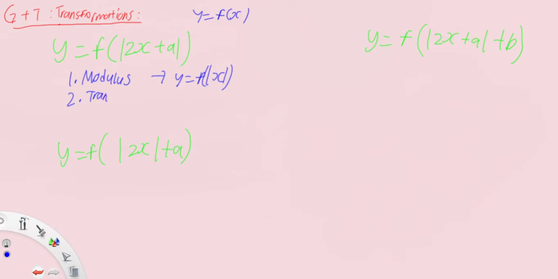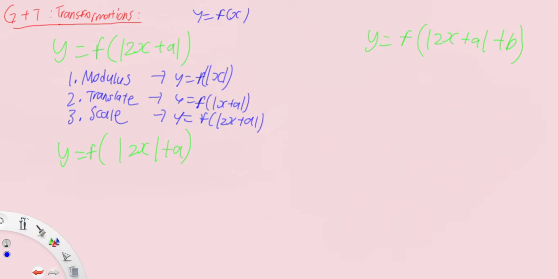Translate by a units, you then have y equals f(|x + a|). Of course, depending on what value a is, it will be in either a positive or negative x direction. Then afterwards, you scale to give you back the 2x. You notice that your translation won't be affected by the scale.